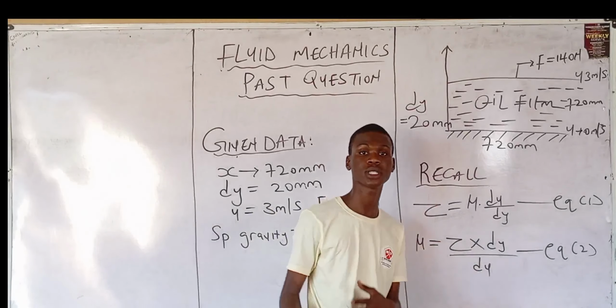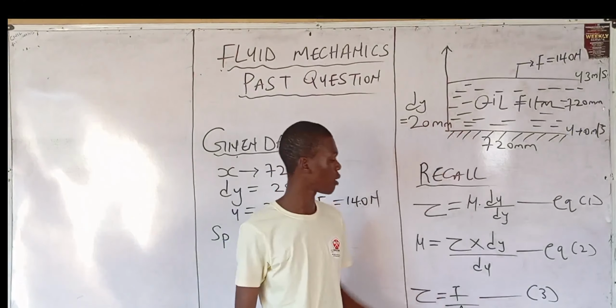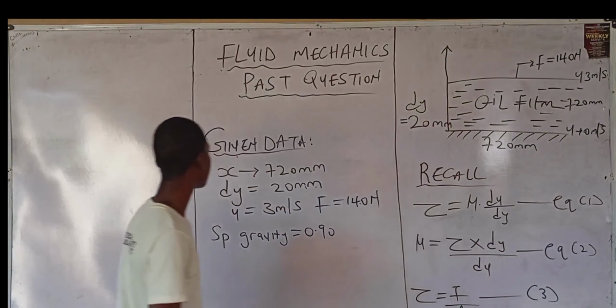By formula, shearing stress is equal to force divided by area. This is equation 3. With equation 3, you'll be able to calculate the value of the shearing stress acting on this fluid.